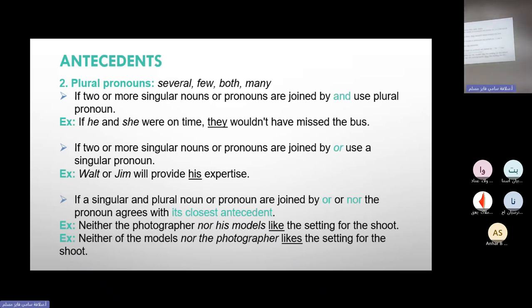If a singular and plural noun or pronoun are joined by or or nor, the pronoun agrees with its closest antecedent.